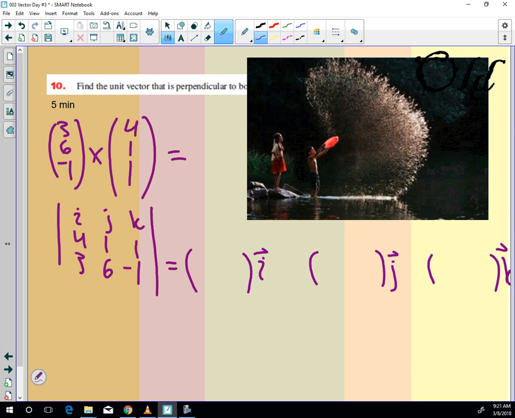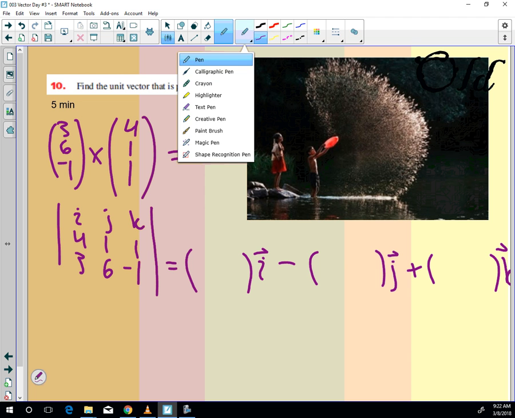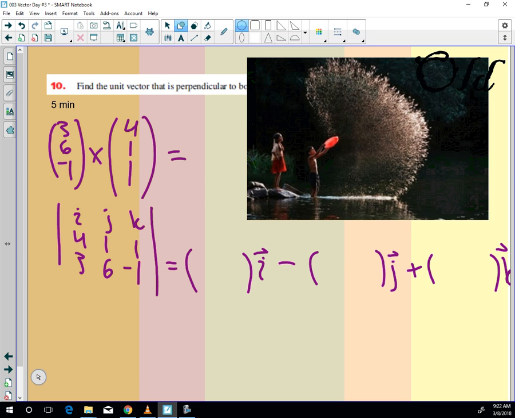This is going to be minus this plus this. We'll get into the details of that later, but I'm just showing you how to do it. So the method that I use, and this, by the way, will not be on the next test, but it will be on the test after that.